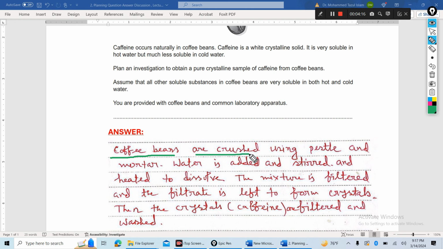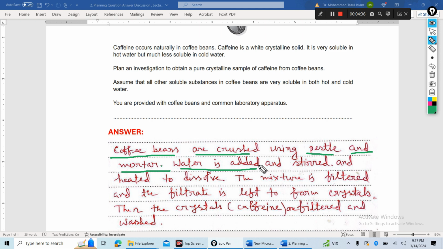Coffee beans are crushed or ground to powder. How? By using pestle and mortar, coffee beans are crushed into smaller particles. Then you will add water and stir.